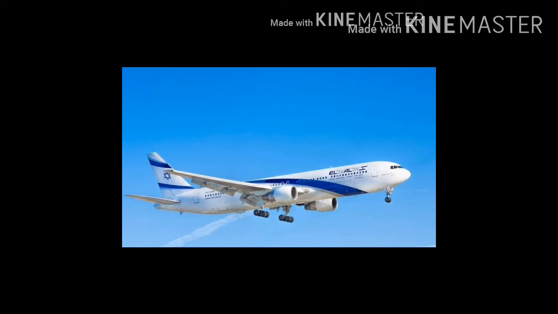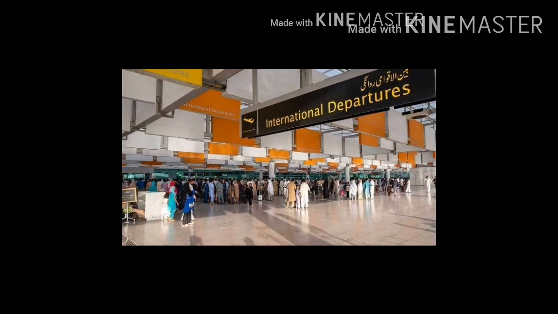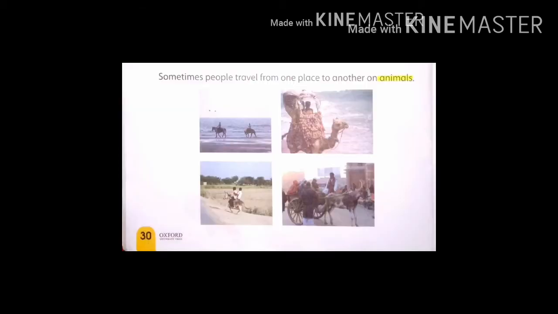And airport is a place with buildings for passengers and flight management where aircrafts regularly take off and land, as you can see in this picture.